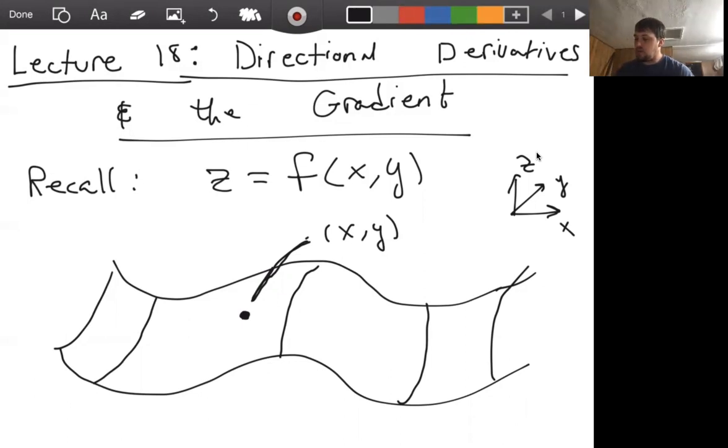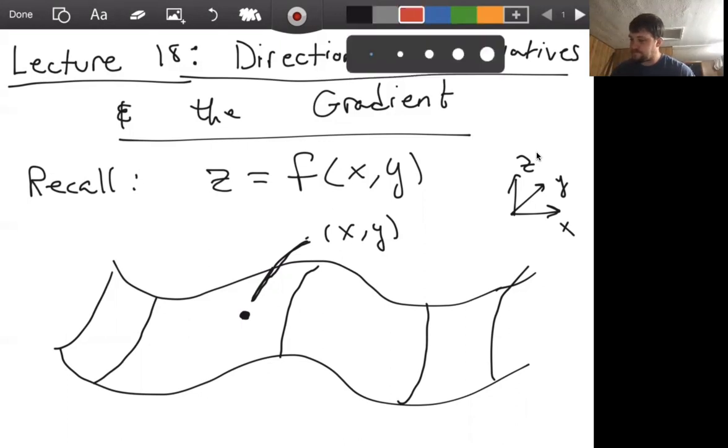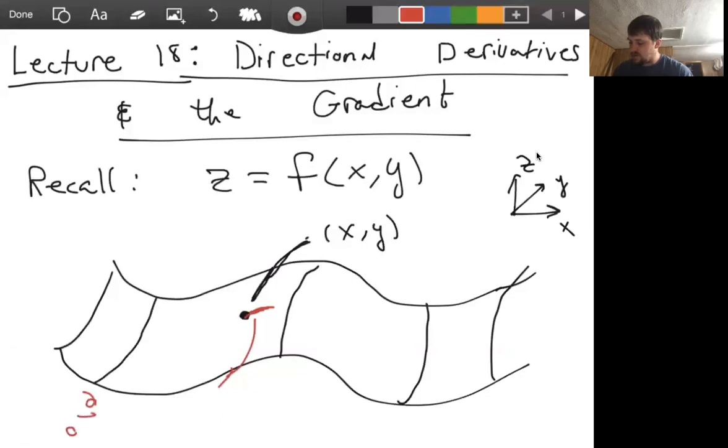Then what are the partial derivatives doing? Well, the partial derivatives are saying if you march a small distance in the x direction, what is the change in your surface? And the change in your surface in the x direction is the partial derivative with respect to x.